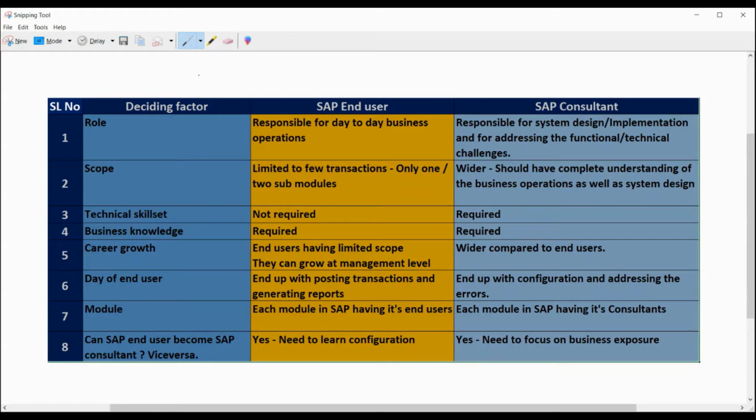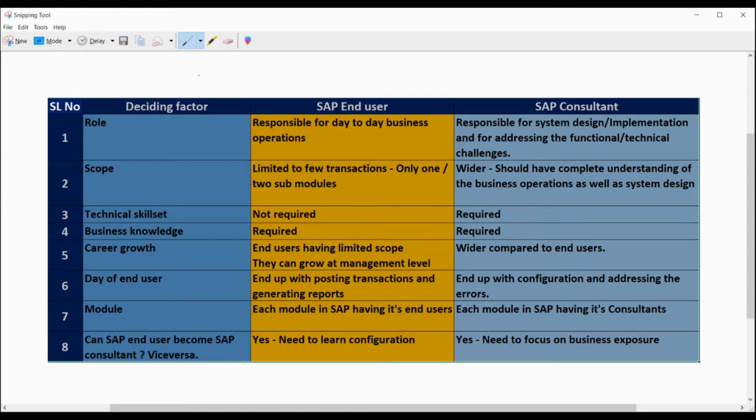If you are asking for the number of transactions he should be aware of, it is less than 50 or 100 max, or even it may go to 200 if he is an expert in that profile. But if you are going for the SAP consultant, the scope is wider. There is actually no end to the learning in consulting.